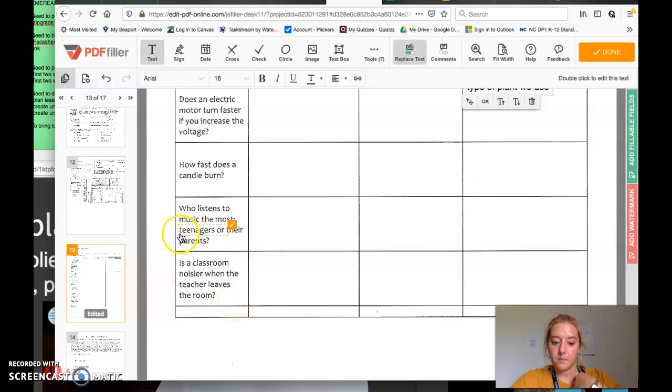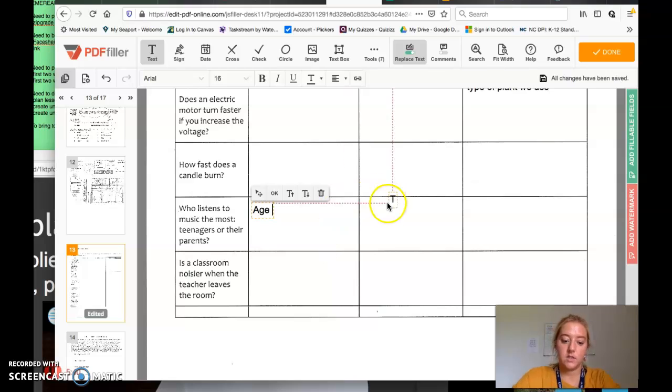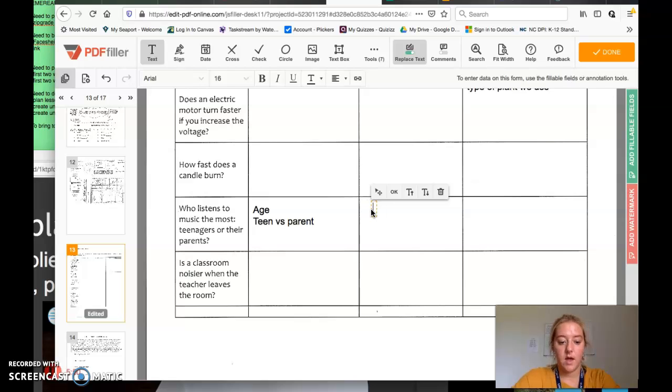So 5 is actually the age. Who listens to music the most? Teenagers or their parents? The thing that the scientist is changing is age. Teen versus parent. The thing that we are testing is amount of music listened to.